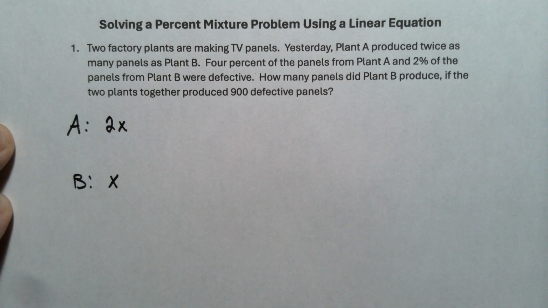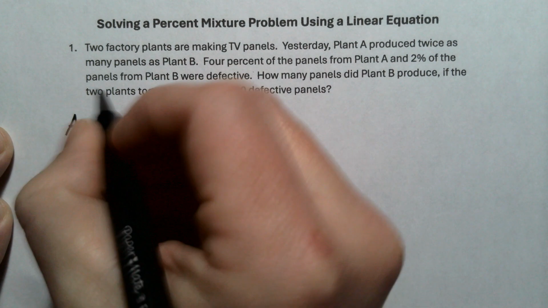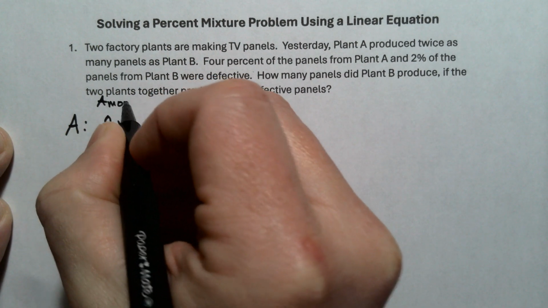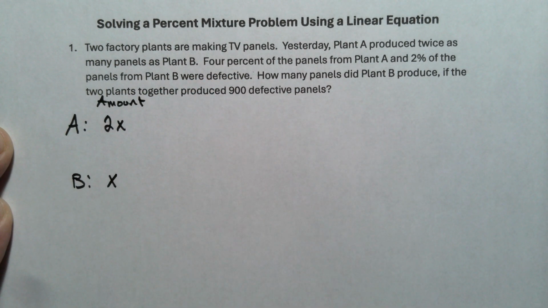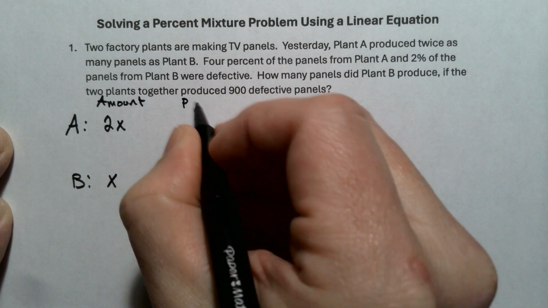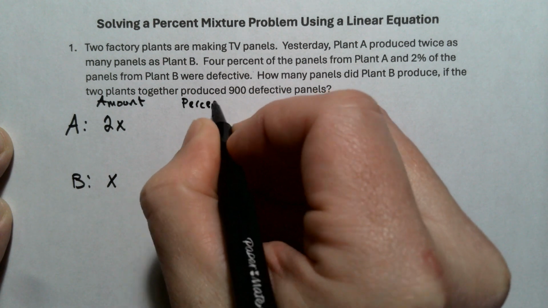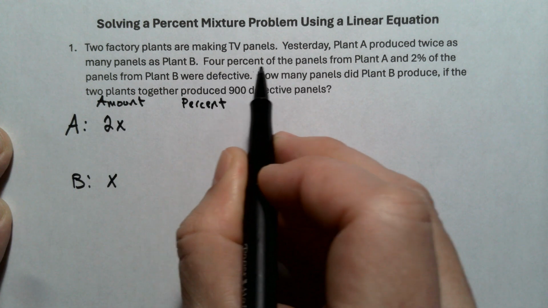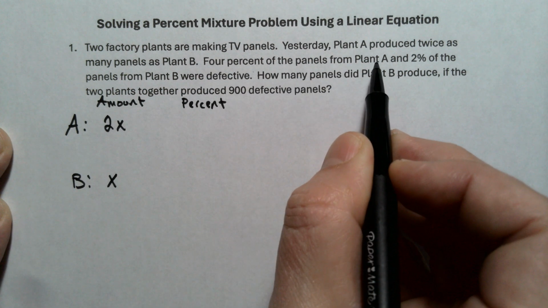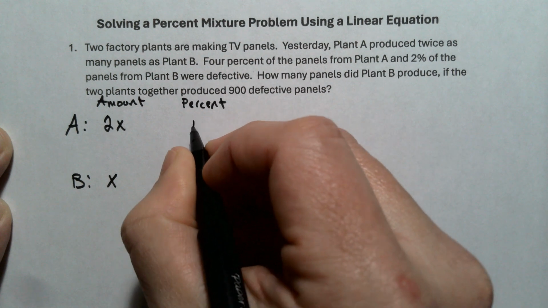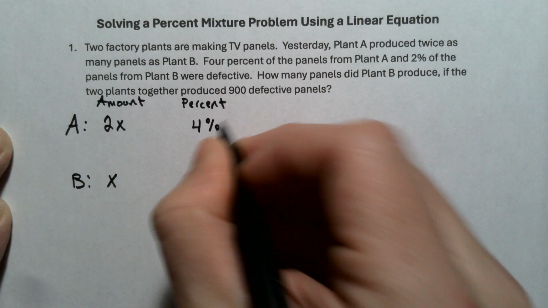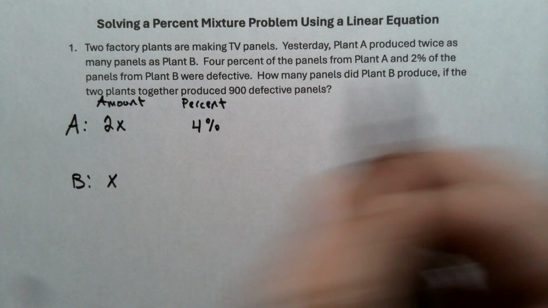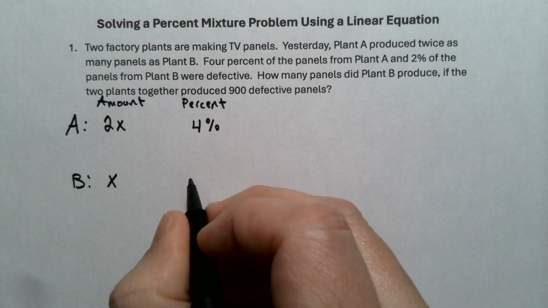Okay, so we know the amount is there. And now let's do the percent. For plant A, 4% of panels from plant A were defective. So 4%. 2% of the panels from plant B were defective.